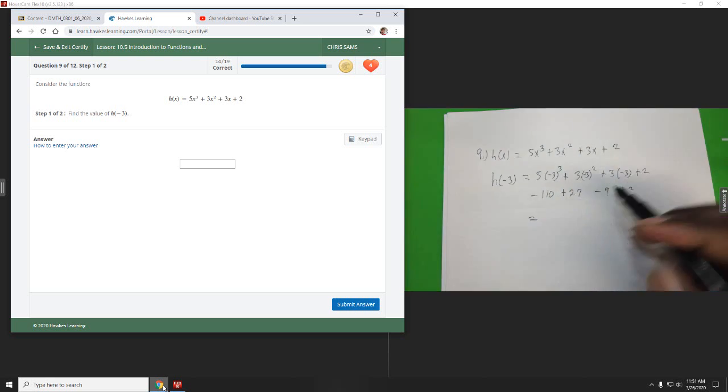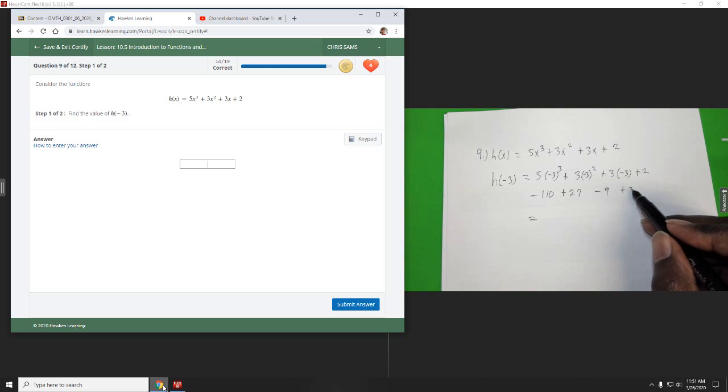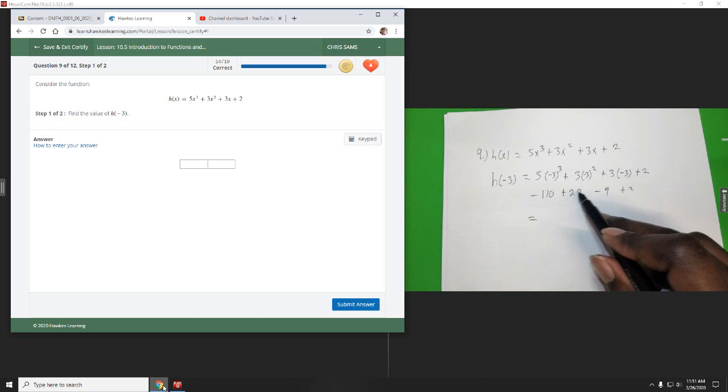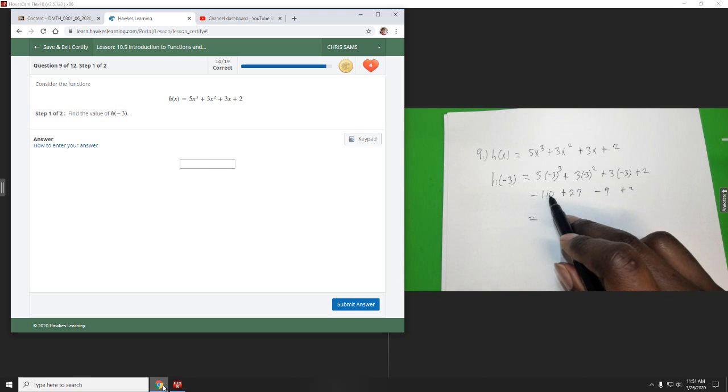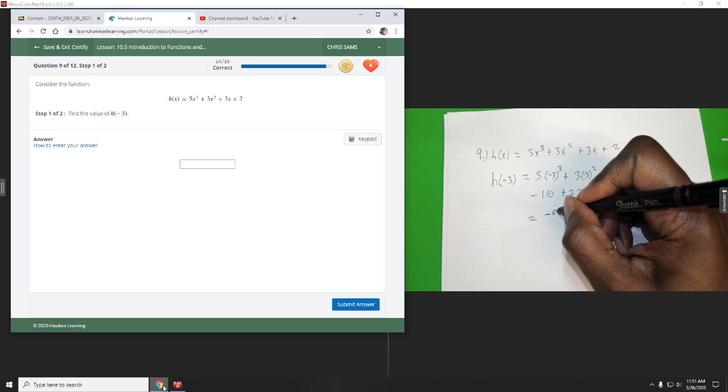So at the end of the day, when we combine all of these terms, I just think about the 2 and the 27 gives me 29. Take away 9, I get 20. And then -110 from 20 will give us a -90.